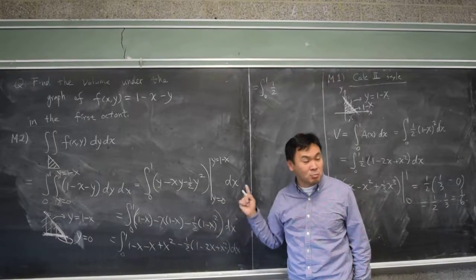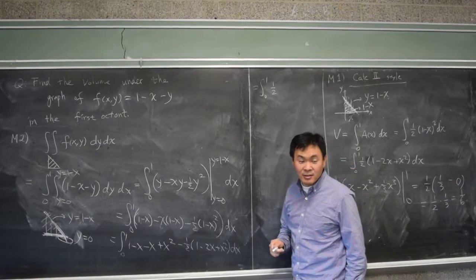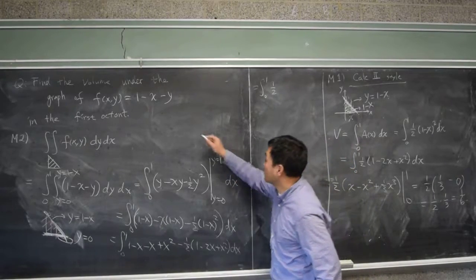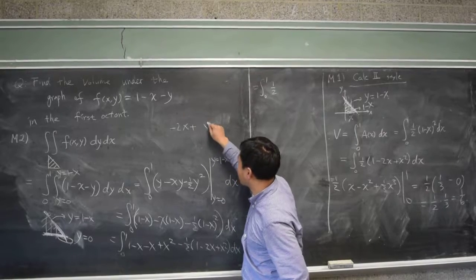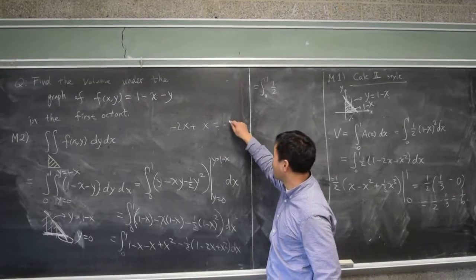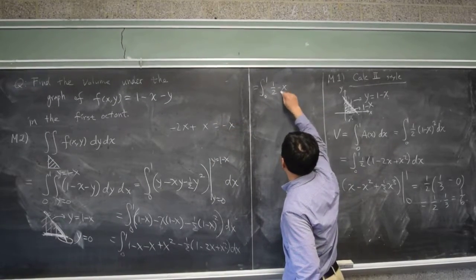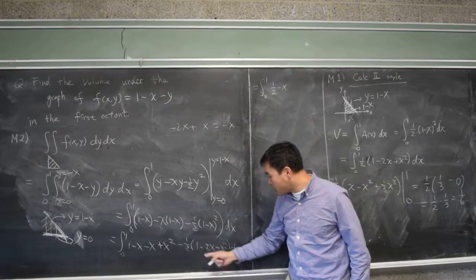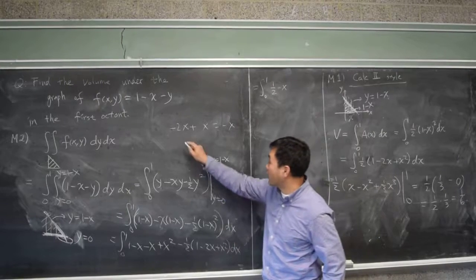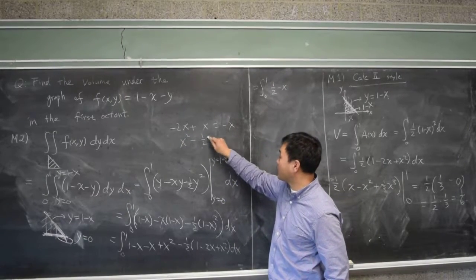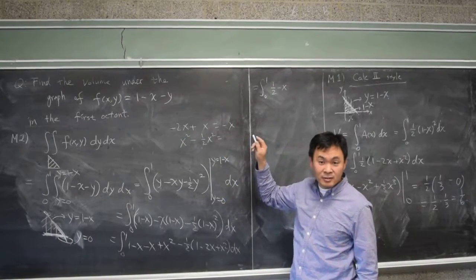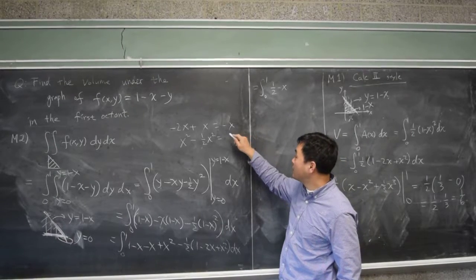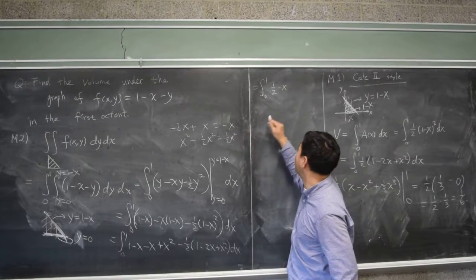So negative 2x plus x, what's that? Negative x, right? So it's negative x, okay? And then this is x squared, and I have negative 1/2 x squared. So I have x squared minus 1/2 x squared. What's that? 1/2 x squared.